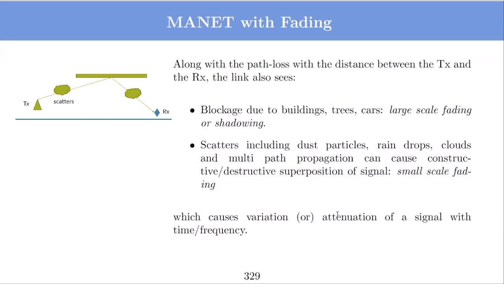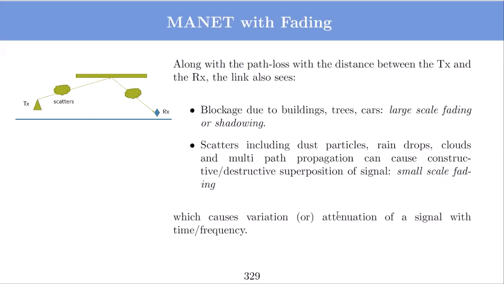When they finally add up at the receiver, you may see destruction or construction of the signal. So sometimes fading can actually increase the signal power because multiple paths add up at the receiver, or it can decrease it if there is interference between paths. And you cannot actually predict it. It is very fast and changes as you move even a small distance in space.